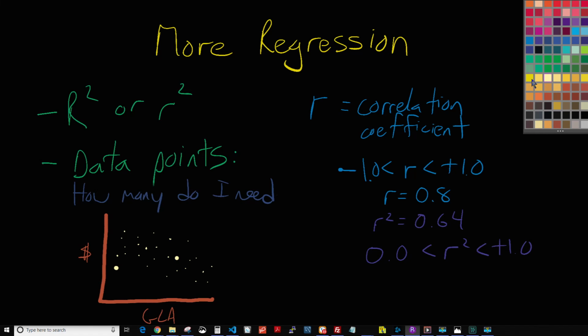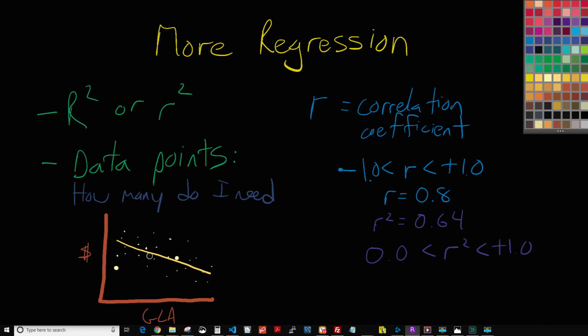And so our trend line, which was something like this, is now something like this. And this now appears to be a much more accurate representation of what the market is actually doing as far as declining. So as GLA goes up, our sale price is going down. That's what the market's telling us.